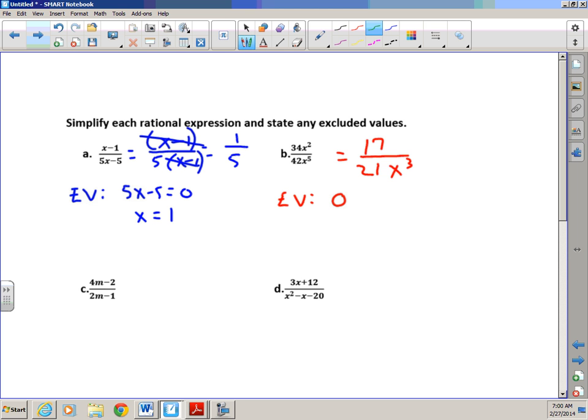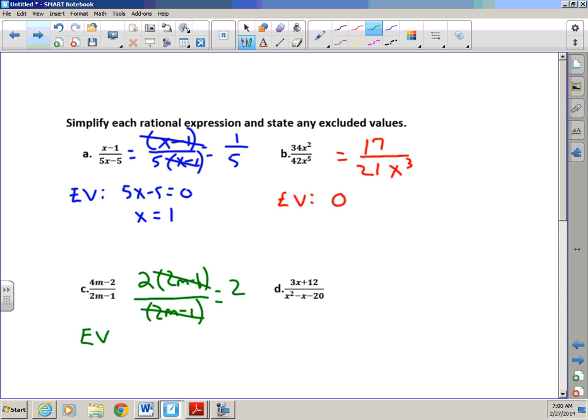Okay, next one, I can factor out a 2, m minus 1. Again, I can factor out a 2. I'm left with 2m minus 1. I can't factor anything in the denominator. It's just 2m minus 1. They are the same, so I'm left with 2.